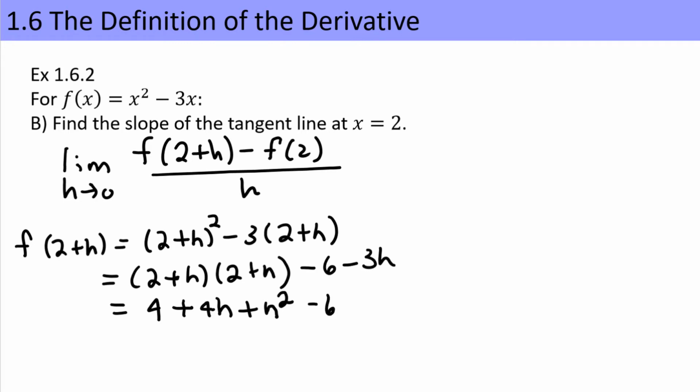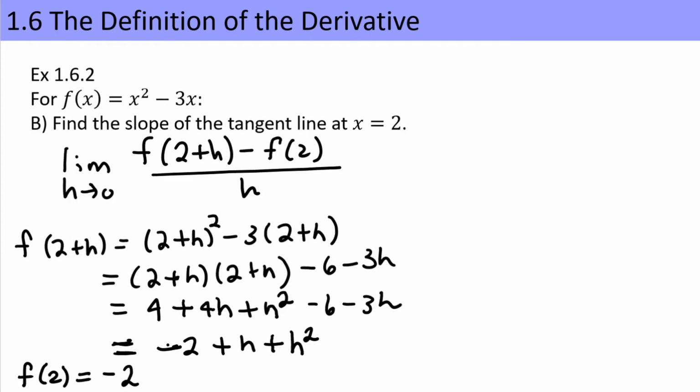Let's copy that, and then we'll combine like terms. 4 − 6 is −2. 4h − 3h would be plus h, and we still have h². We have previously computed f(2), and that was, if you will recall, −2.